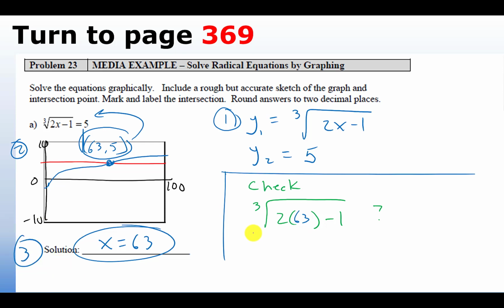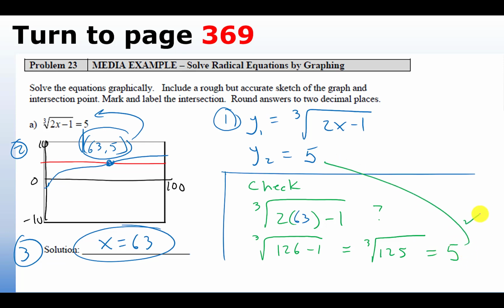So as I'm checking, it's a cube root. 2 times 63 is 126 minus 1, which equals the cube root of 125. And the cube root of 125, you may remember from earlier in chapter 9 when we did cube roots, has an exact answer of 5, and that's what it's supposed to equal. This checks.